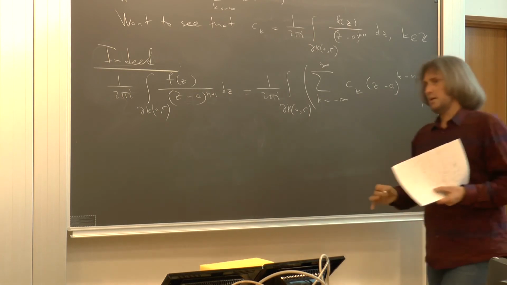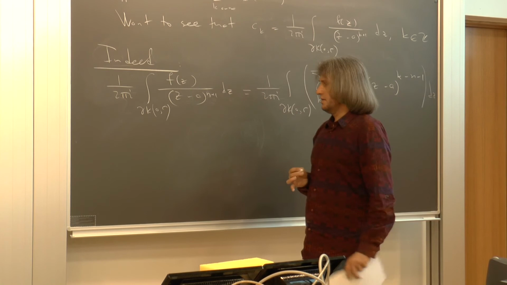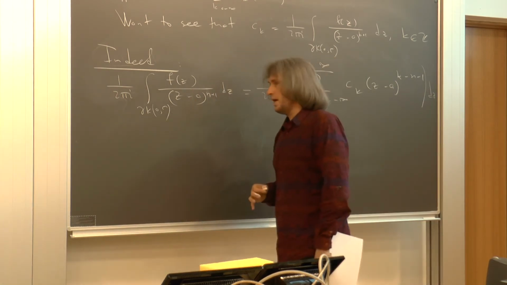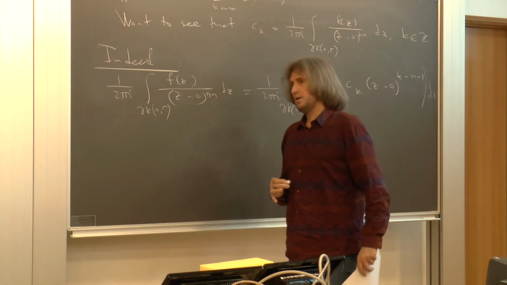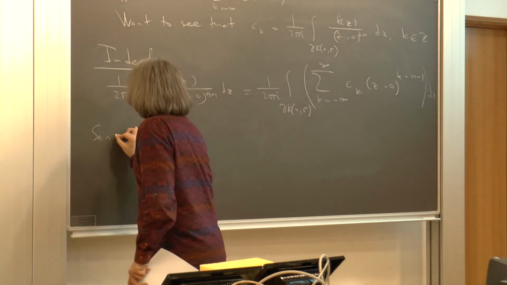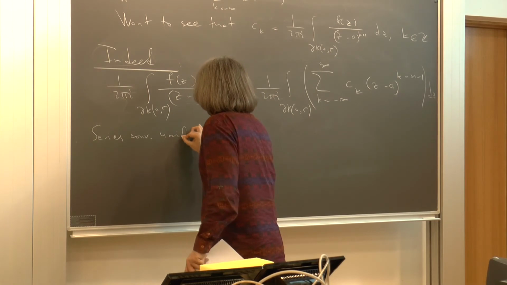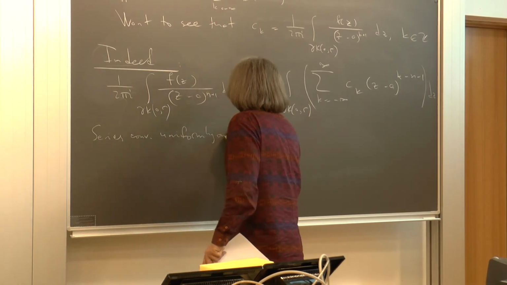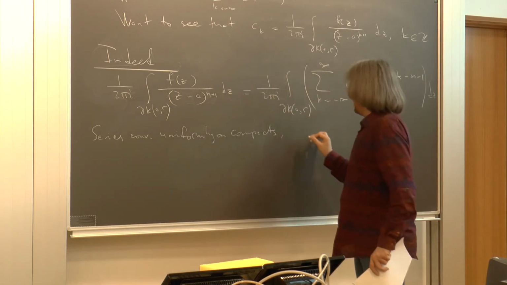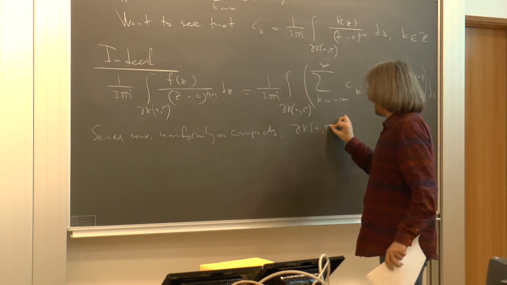And then we have the circle, which is compact, and so this convergence is not only absolute convergence, but uniform and compact. So the series converges uniformly on compact sets, and our curve of integration is compact.